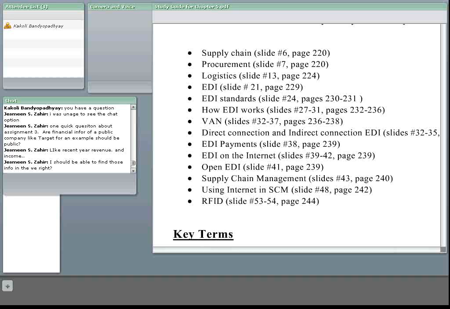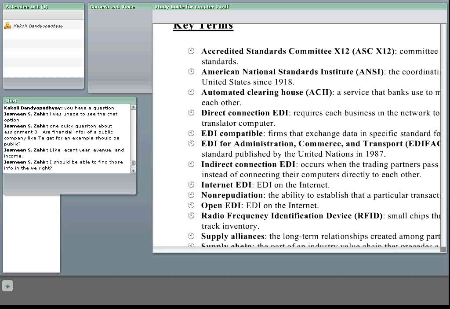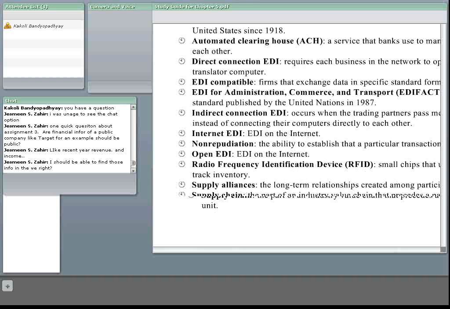Then trading partners: two businesses who are exchanging information through EDI are called trading partners. The EDI standard is EDIFACT. Okay. This is here, EDIFACT, EDI for administration, commerce and transport.